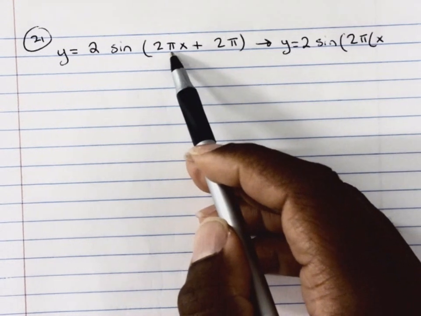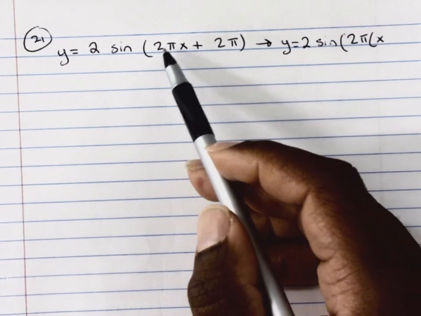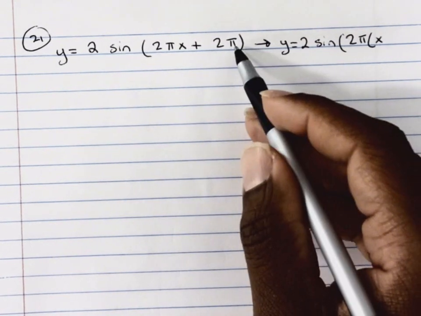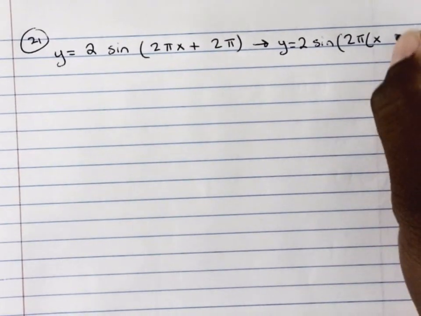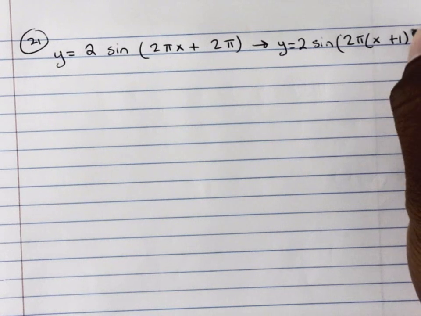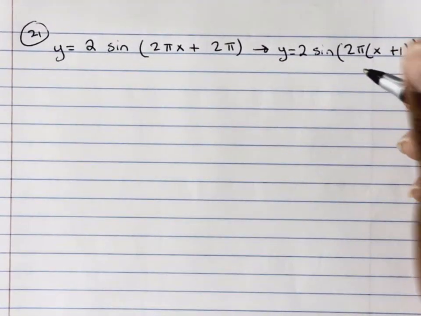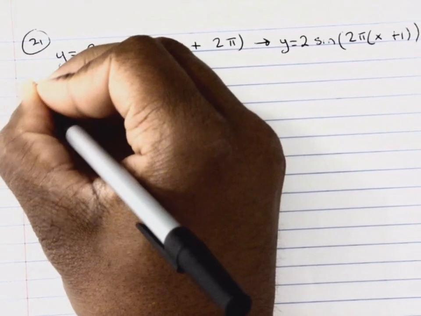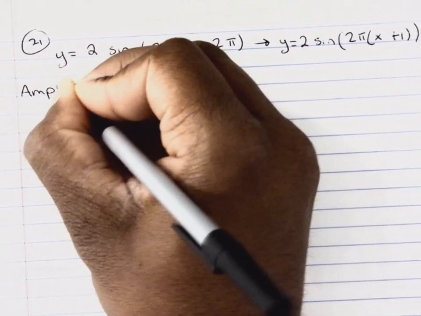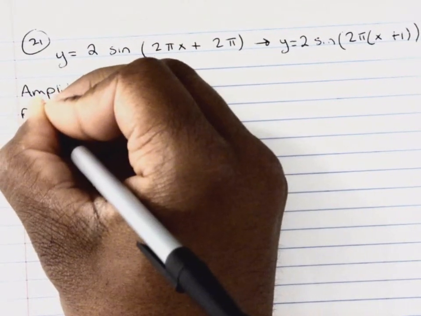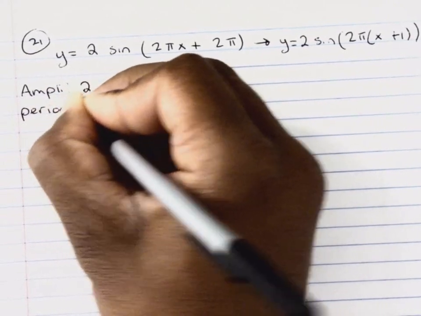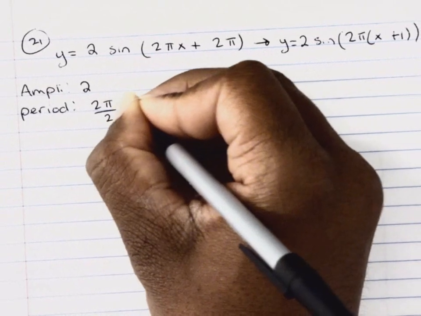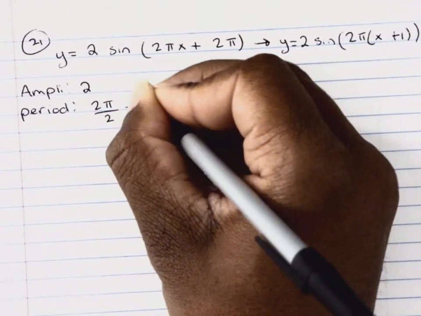In order to get 2 pi to separate from x, I would have needed to divide by 2 pi. So I'll divide this side by 2 pi as well. When I factor that 2 pi out, only thing that's left there will be 1. So I get 2 pi times x plus 1. So amplitude is 2. Period of sine is 2 pi over b. B is 2, which gives me just pi.